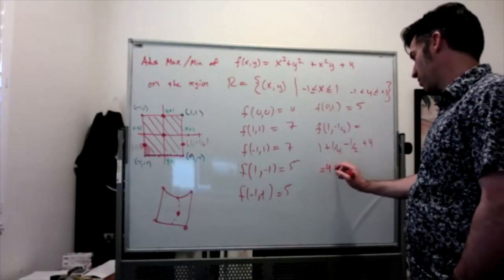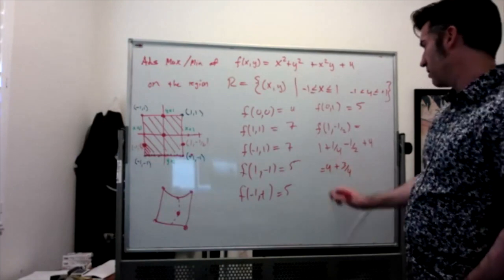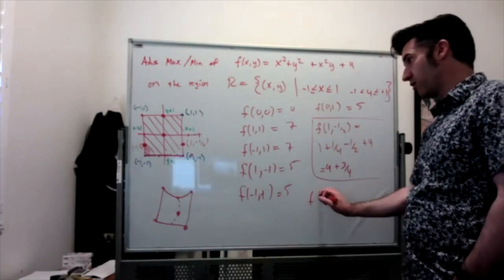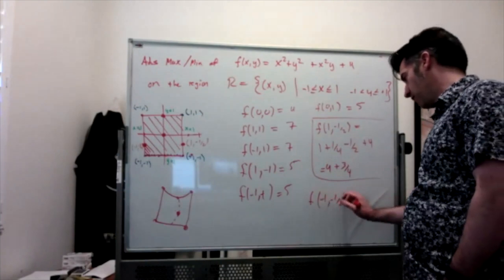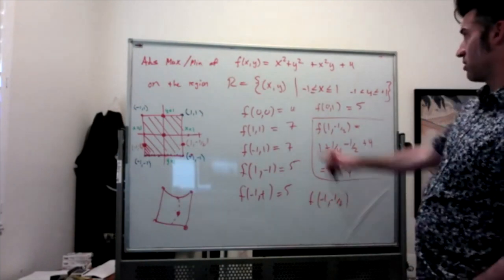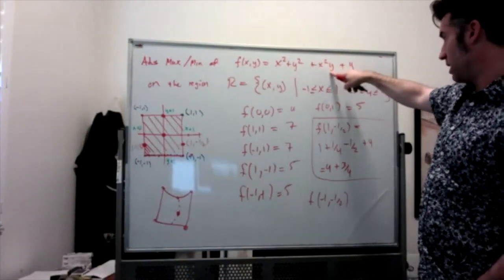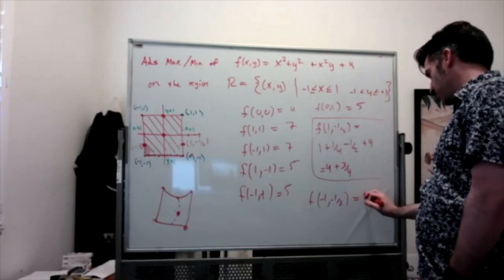So that's 4 plus 3/4. And then plugging in negative 1 comma negative 1/2, I think we're going to get the same thing. So we're still going to get 1 plus 1/4 plus 1 times negative 1/2 plus 4. That's the same thing.